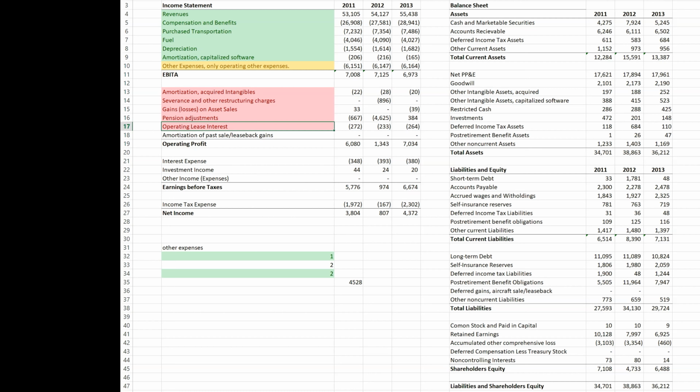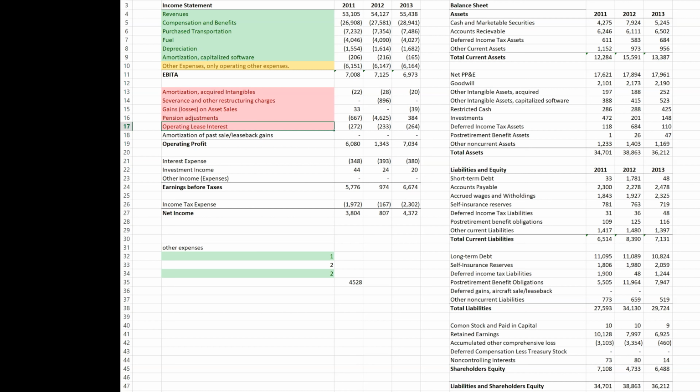For UPS, what that meant is they used to own the planes that they used to deliver their packages by air. And they decided that they didn't want to hold those planes on their balance sheet. It was too expensive. And they didn't want to have the debt that they had purchased the planes with on their balance sheet. So they didn't want the liability on their balance sheet, and they didn't want the asset on the balance sheet.